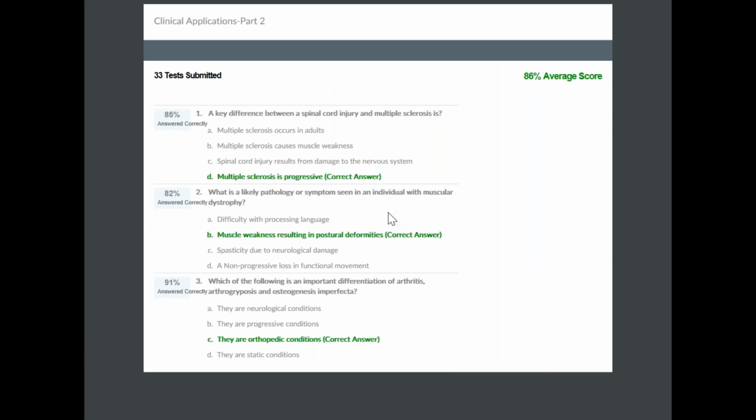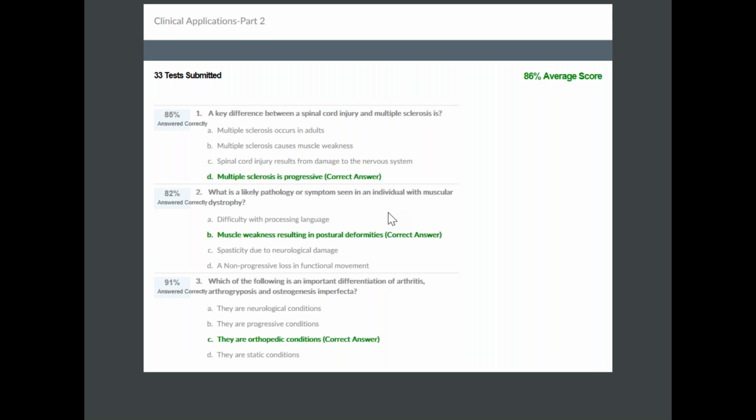What is a likely pathology or symptom seen in an individual with muscular dystrophy? The answer is muscle weakness resulting in postural deformities. At 82%, you guys did really well.